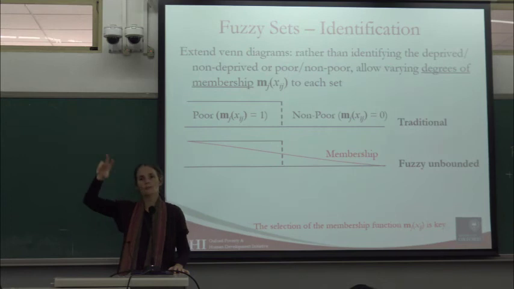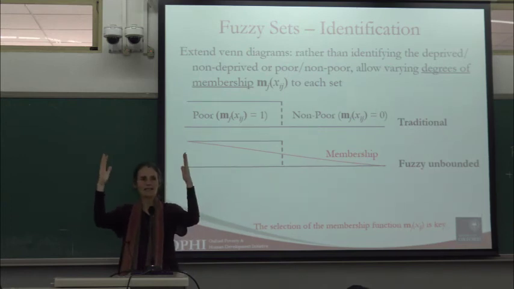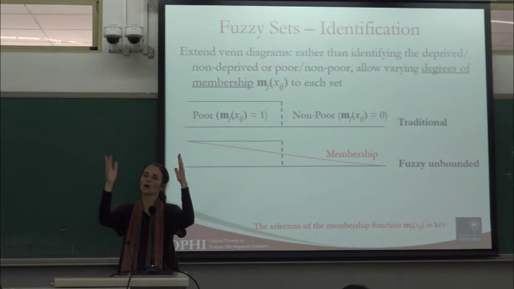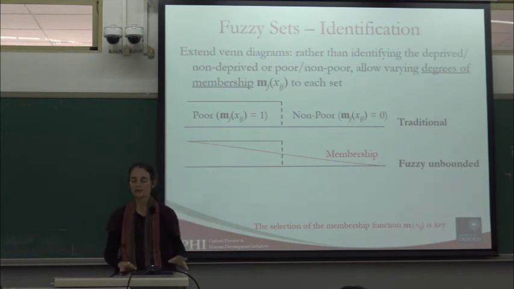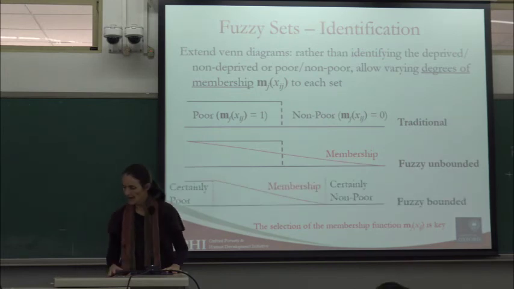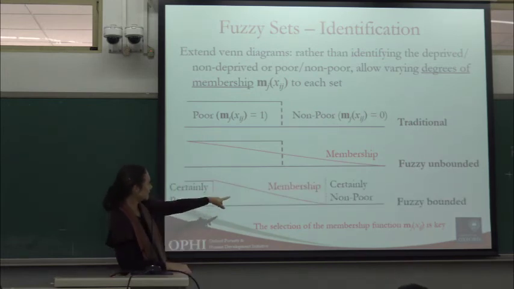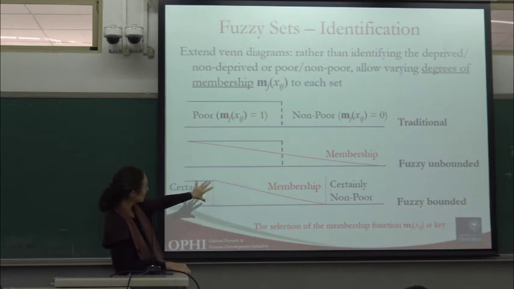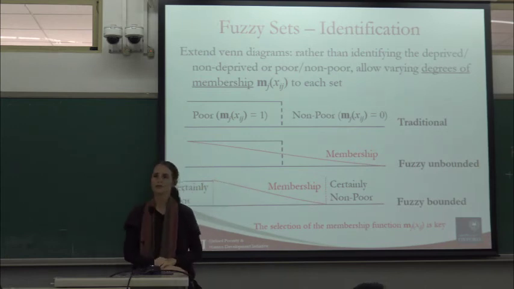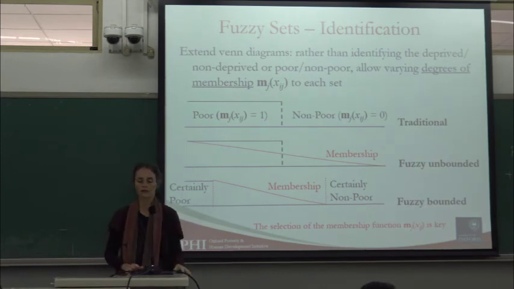So the functional form that you apply is basically saying these people in this area where I'm not quite sure, we're going to give them differing probabilities of being poor according to their level of income, if we use the income example. So here's the band. We have a group certainly poor, certainly non-poor, and membership functions in the middle. So it can be bounded or unbounded depending on your preferences. I prefer bounded because I think Bill Gates, there's no probability that he's poor.